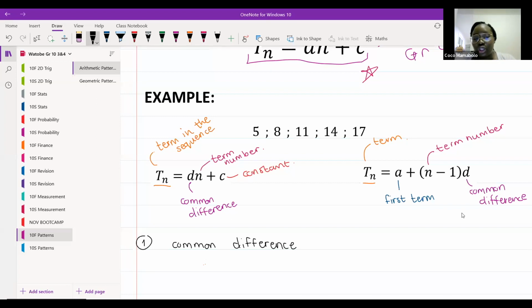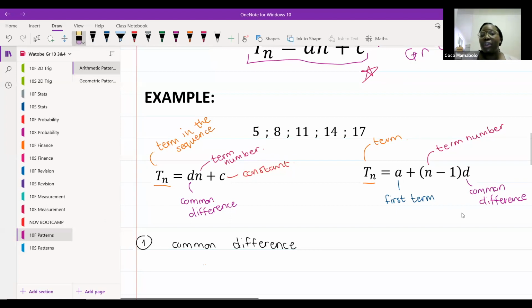And unfortunately, they're not always going to tell you whether the sequence you're working with or the pattern you're working with is arithmetic or geometric. So you first have to establish whether the sequence is arithmetic or not. Okay, that is step number one, to determine whether it's an arithmetic sequence or not.